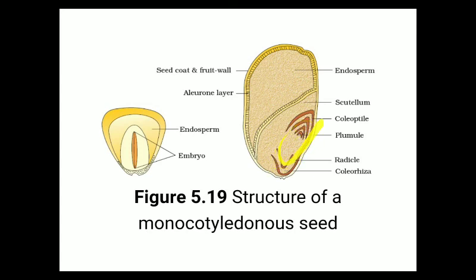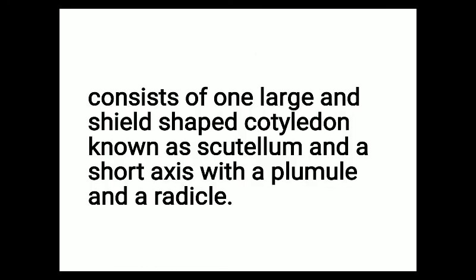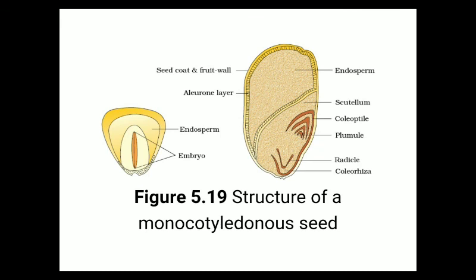In a small groove-like structure, this embryo remains located, and the embryo consists of one large and shield shaped cotyledon known as scutellum and a short axis with a plumule and radicle. This one is very important. What is scutellum? A simple direct question will come, what is scutellum? We have to answer, the shield shaped cotyledon. The shield shaped cotyledon of monocot seed is known as scutellum.